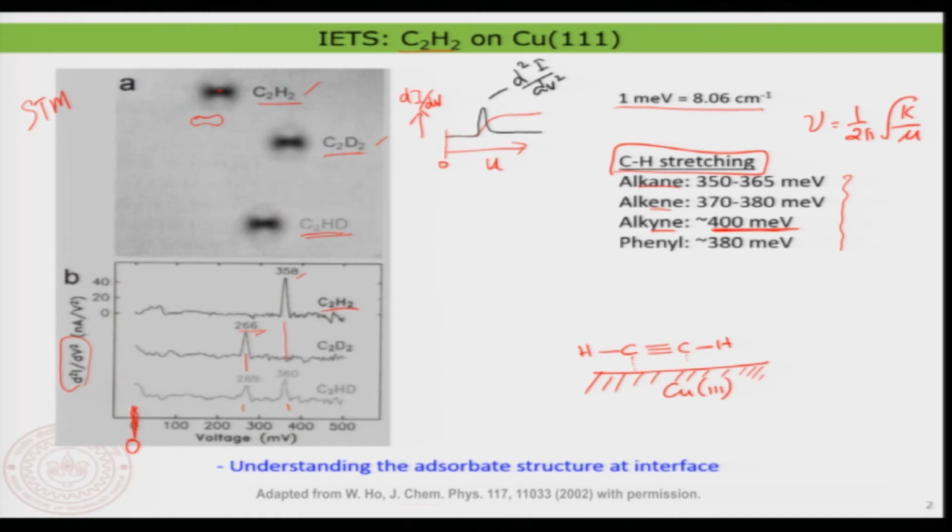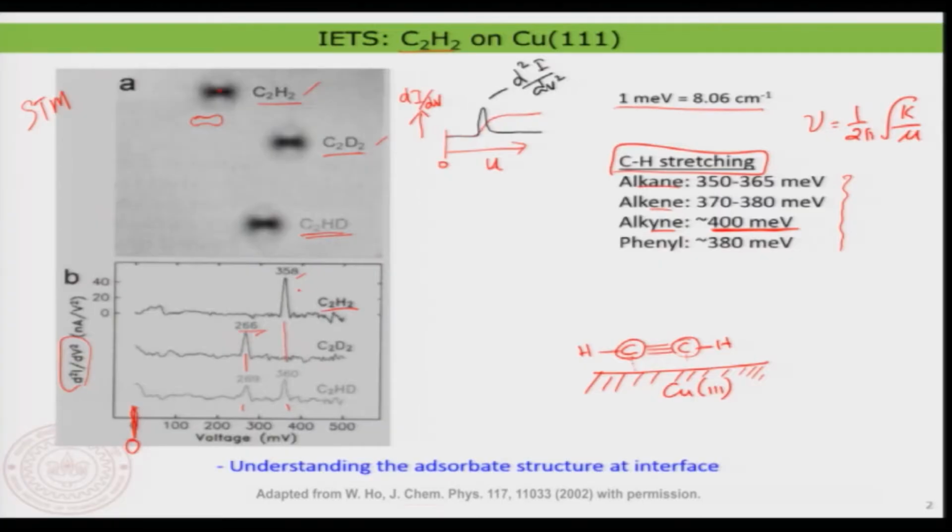Now you can see that the carbon atoms are becoming a little heavier than in the previous case, because the carbon atoms are now connected to larger surface atoms. That makes them a little bit heavier to oscillate, so that also lowers the CH bond stretching frequency by a certain magnitude.